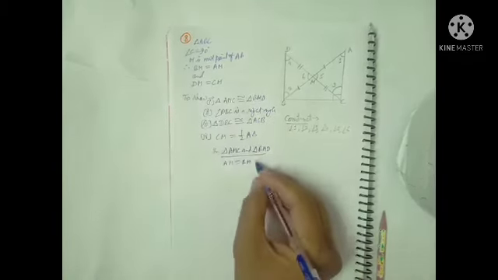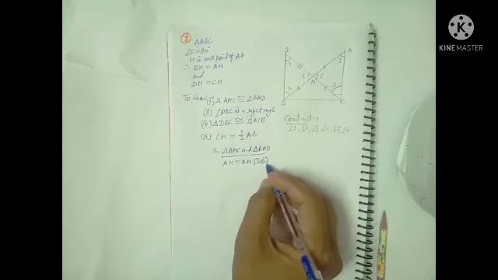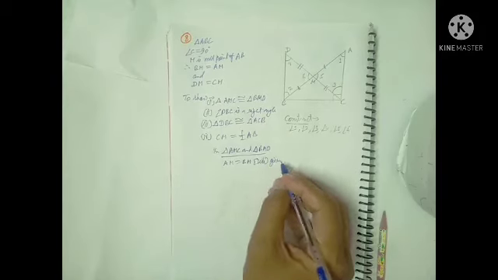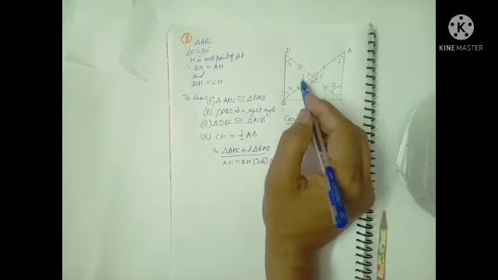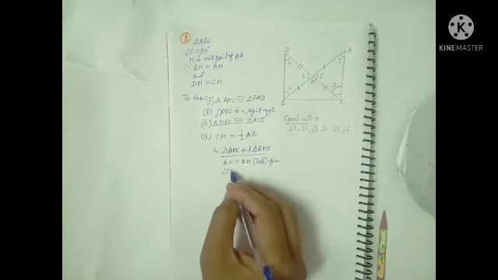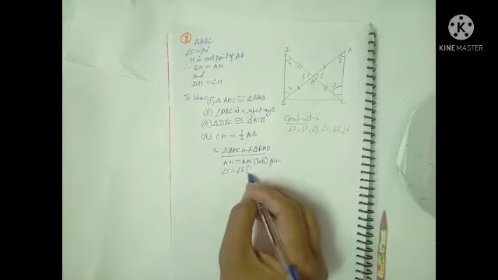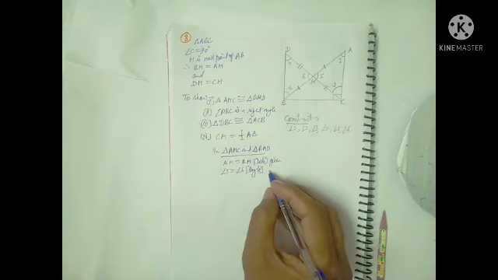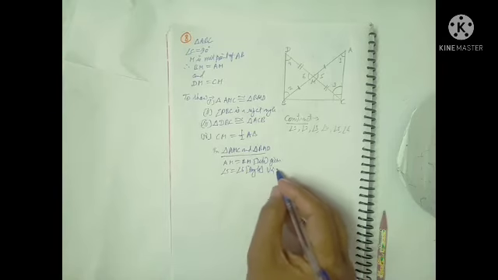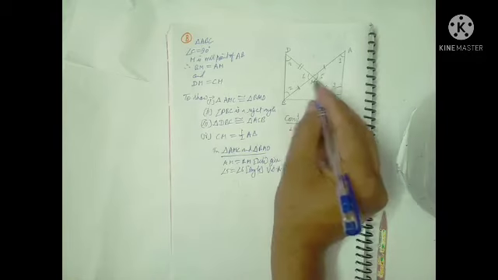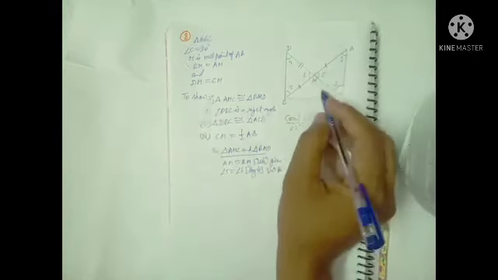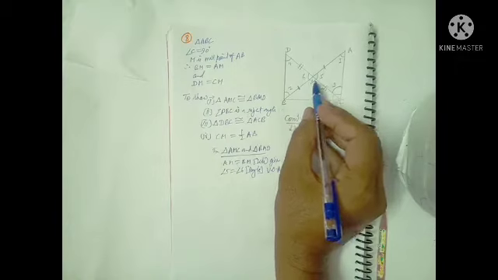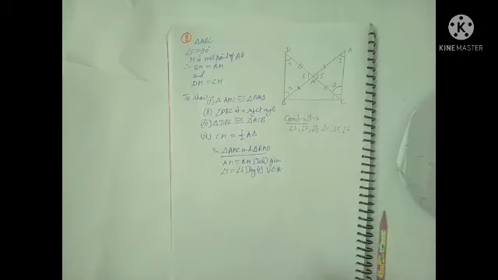See, this is the side and the reason is given. Then angle 5 is equal to angle 6. This is the angle. And why is this equal? Vertically opposite angles. The reason is vertically opposite angles. Both lines are intersecting at point M, so they are making vertically opposite angles. So angle 5 equals angle 6.